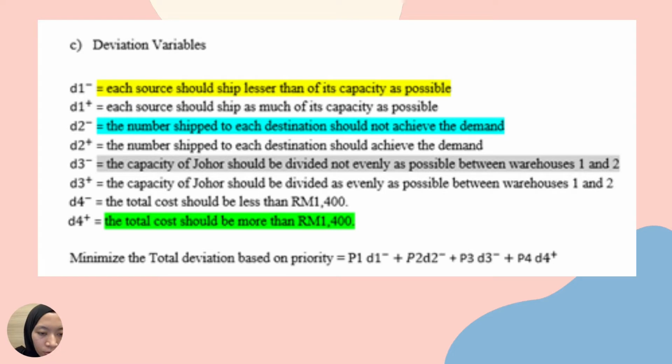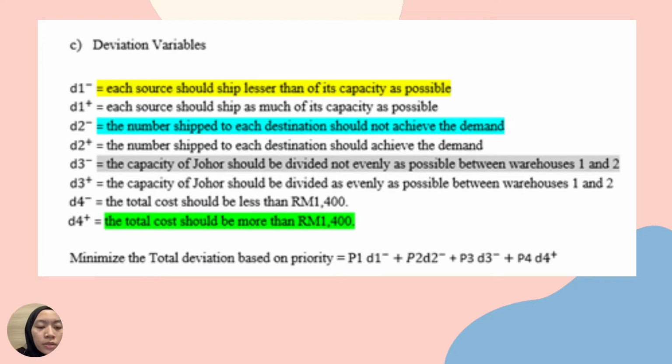For goal 3, we choose D3 negative, where the capacity of Johor is not divided evenly between warehouse 1 and warehouse 2. And for goal 4, we choose D4 plus, where the total cost is more than 1,400.